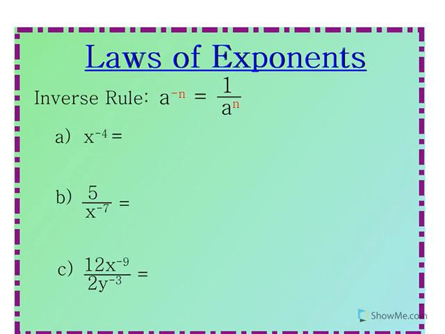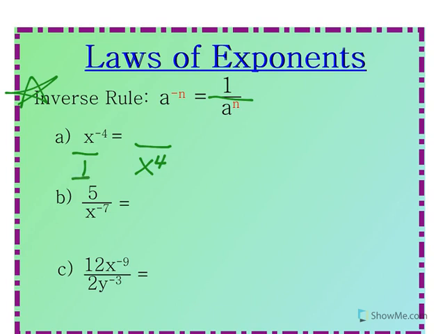So now let's look at our last rule, the inverse rule. This is the one I was referring to on our first slide today. A to the negative n is equal to 1 over a to a positive n. So here's what that looks like. X to the negative fourth is really like x over 1. So if we take the inverse or flip it, the x moves from the numerator to the denominator, and it becomes a positive exponent.